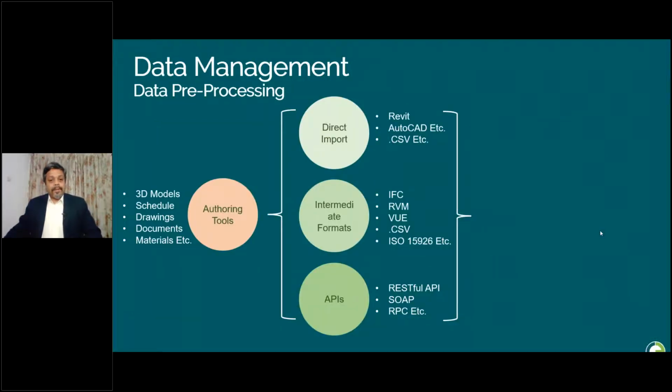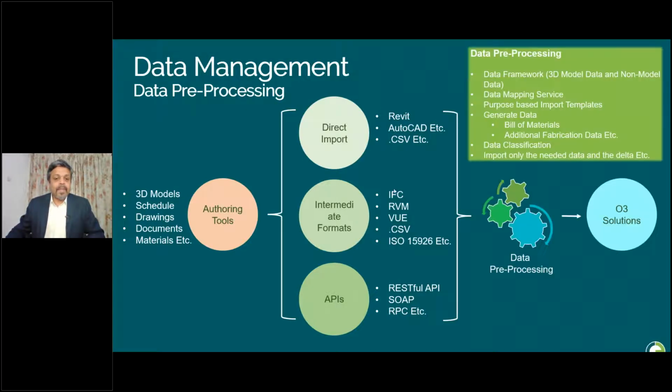Data pre-processing. The O3 solution has many ways to analyze and prepare the data before importing to O3. There are many benefits for this. To make sure that data is properly classified for the purpose during the import itself. Import only the needed data from the source, and if any data is missing, then identify it.